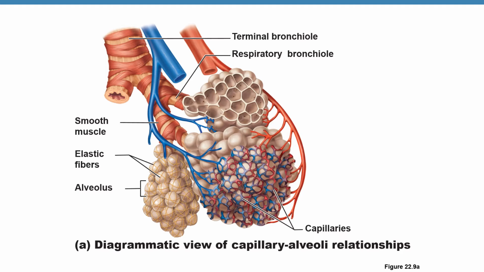On this diagram, you can see how our alveoli are supplied by blood. So we have lots of capillaries here, right? And that's where we have this gas exchange between blood and the air inside alveoli.